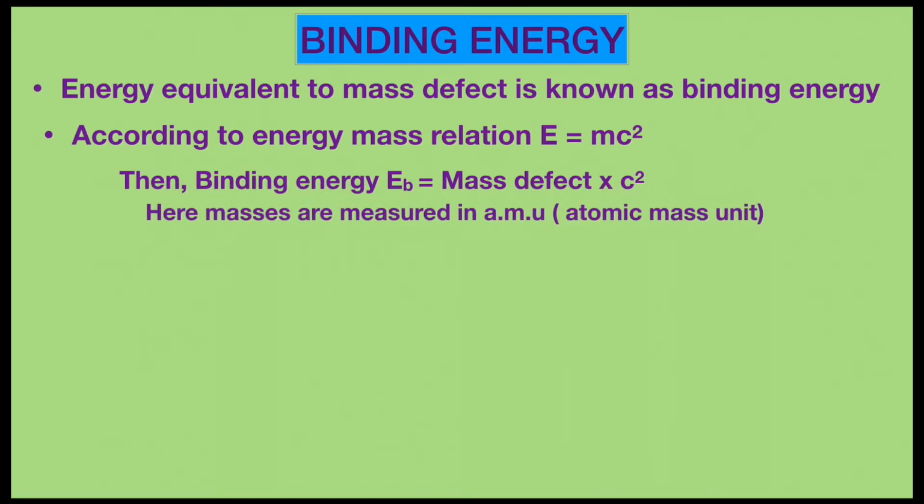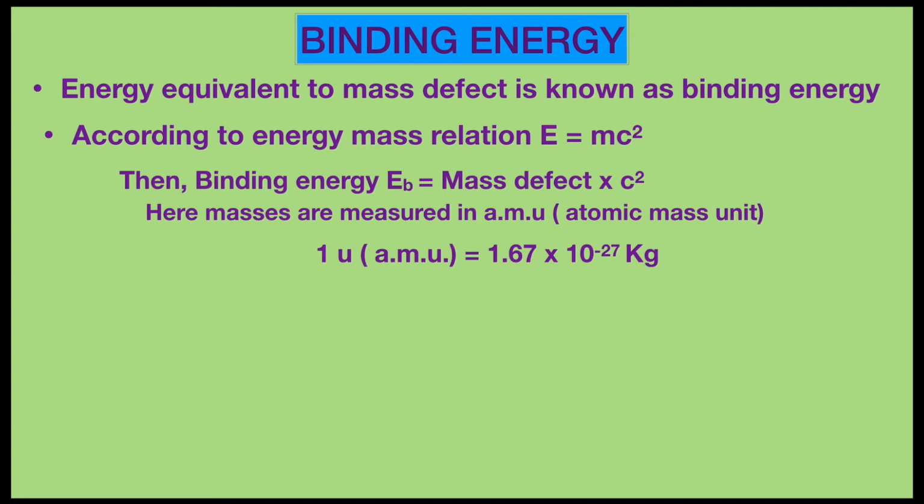The masses of atoms, nuclei and nucleons are measured in a smaller unit, the atomic mass unit, and one atomic mass unit is equal to 1.67 into 10 power minus 27 kilogram. This is almost the mass of a proton, and it is termed one atomic mass unit.